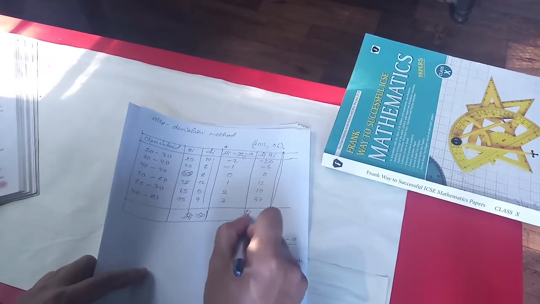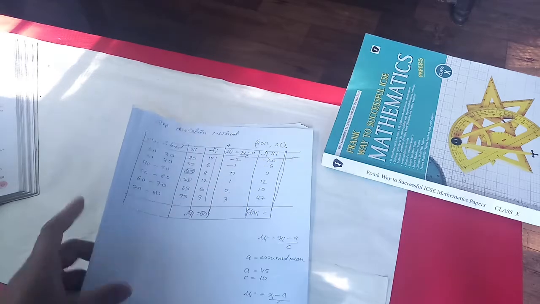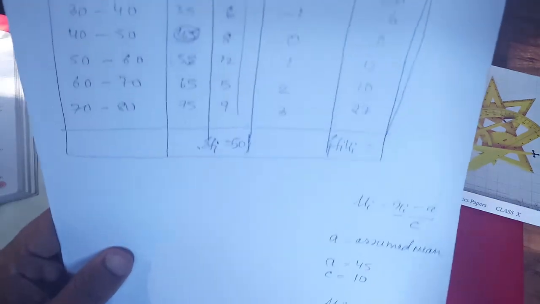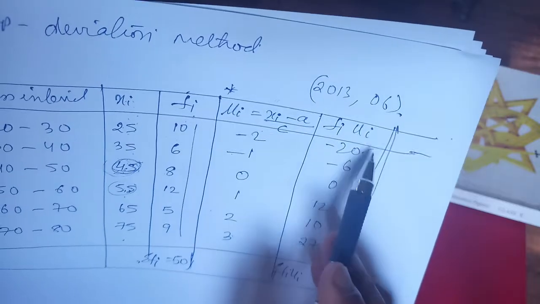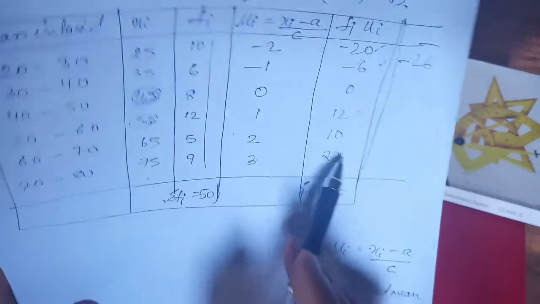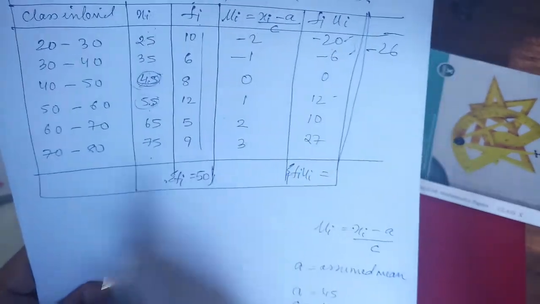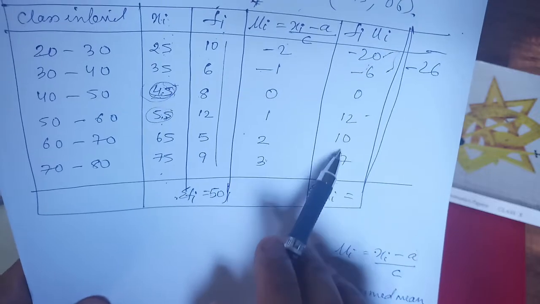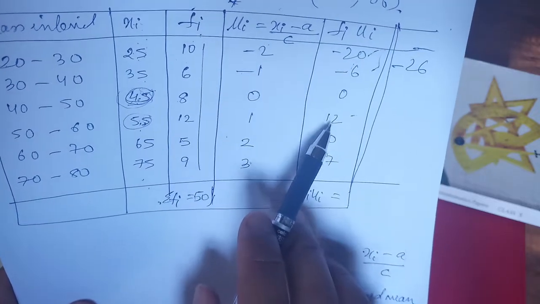Now you add summation fi ui. Fi ui, this has to be added in two parts because these two are negative. So minus minus you add, it is minus 26. Yes or no? Then you add this section, all are plus. How much is this? 27 plus 10, it is 37, plus 12 is 49.